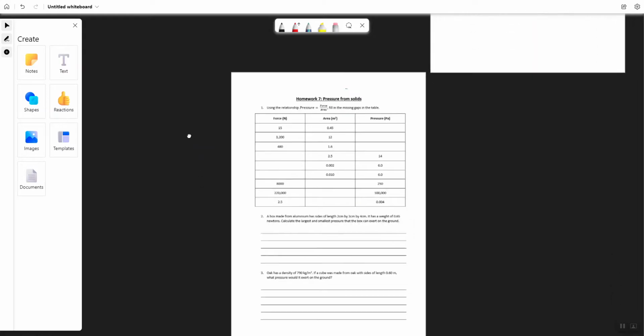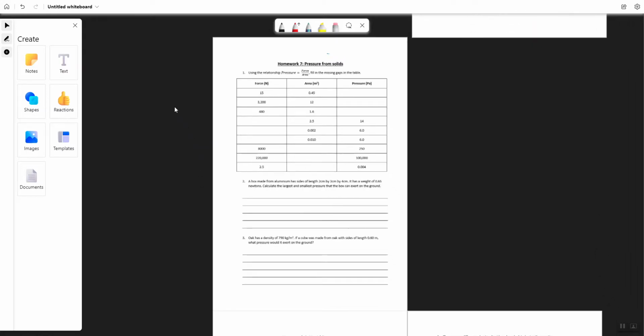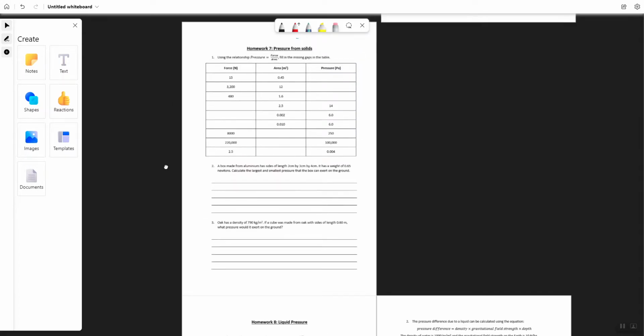Right, okay, then we had pressure, and we've met two types of pressure, solids and liquids. So pressure from solids, using the relationship pressure is force over area, fill in the missing gaps in the table. Pressure is force divided by area. I'm just going to race through this one.